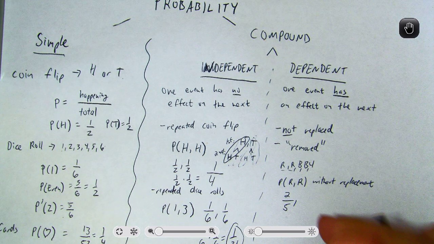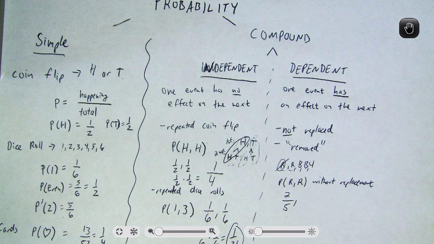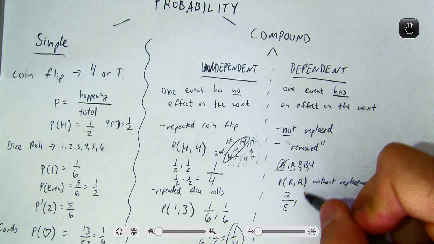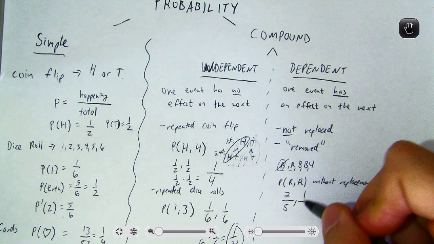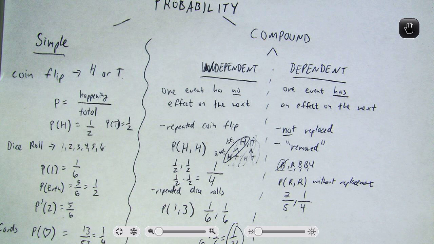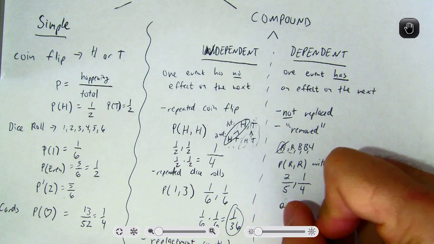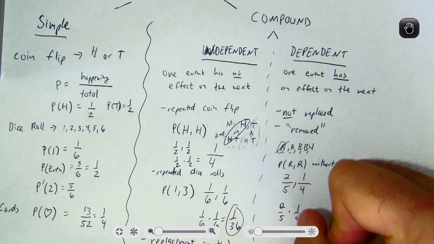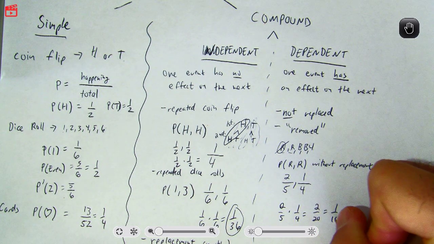But then, because we already plucked a red out, that essentially eliminates one of them. Chance of getting red again are 1 now. There's only 1 red left out of 1, 2, 3, 4. I've taken 1 out of the bag. So I'm left with 4 in the bag and only 1 red. So I can take that 2/5 times 1/4, and I get 2 out of 20, or 1/10.